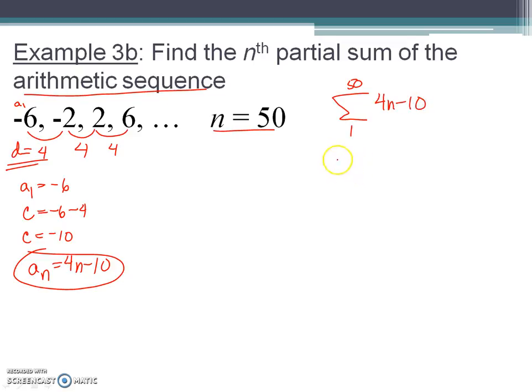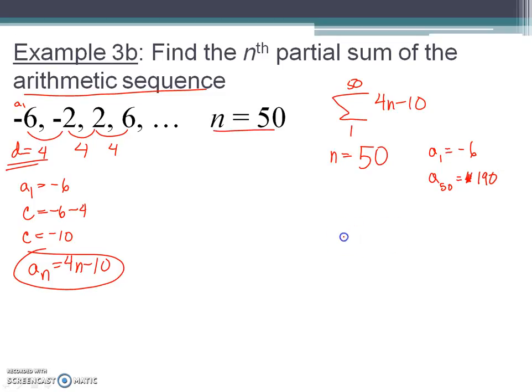So we've got 50 terms. A sub 1, our first term, is -6. A sub 50, our 50th term, is 190. 200, of course, minus 10.